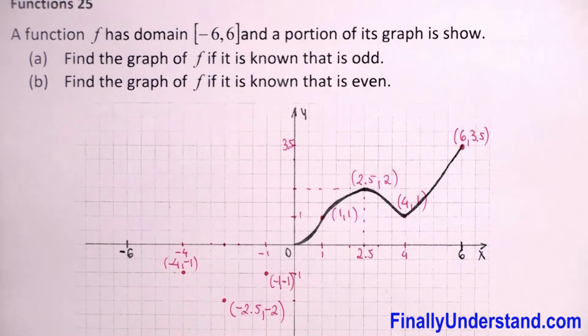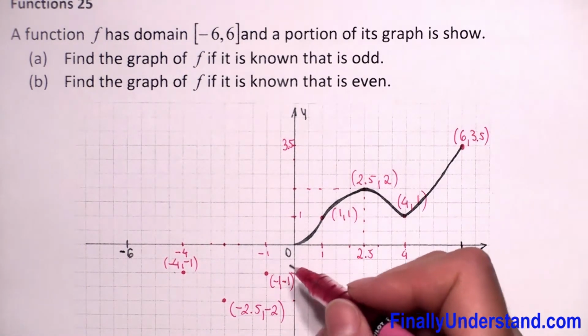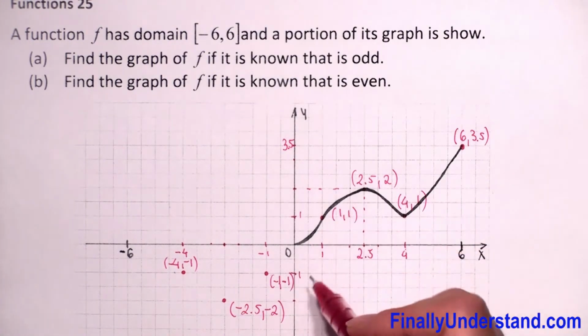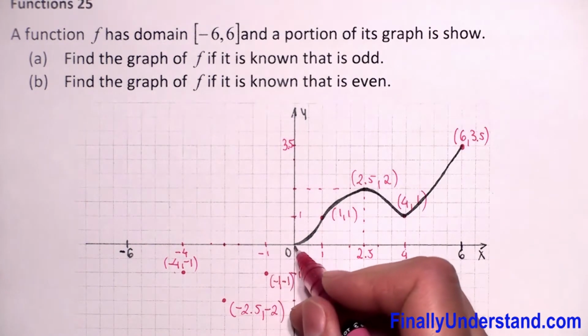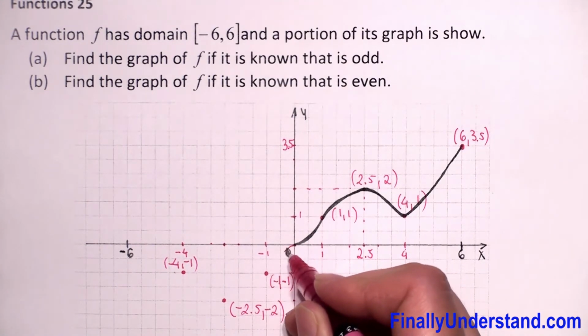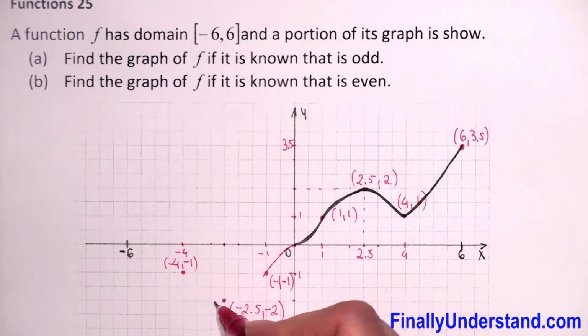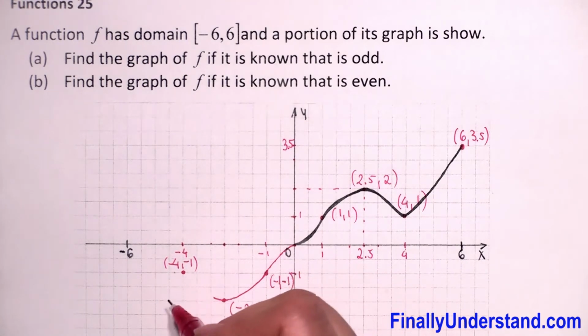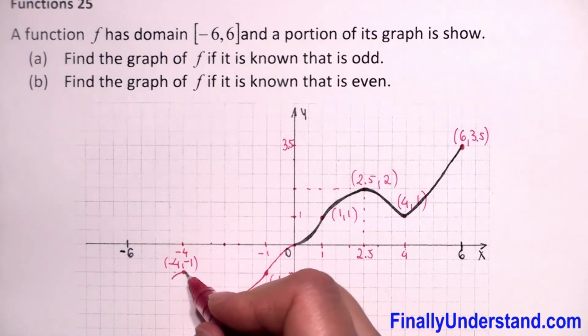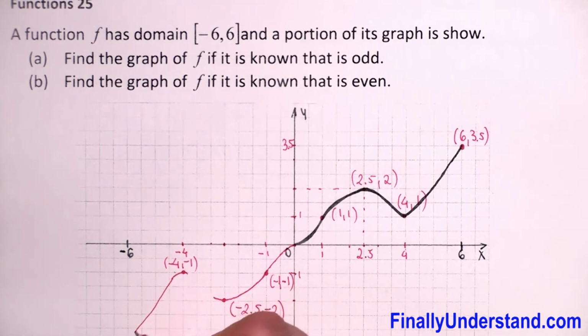So now we can just connect these points and try to make the same as in this part of our xy plane. So we have something like this, and this part.